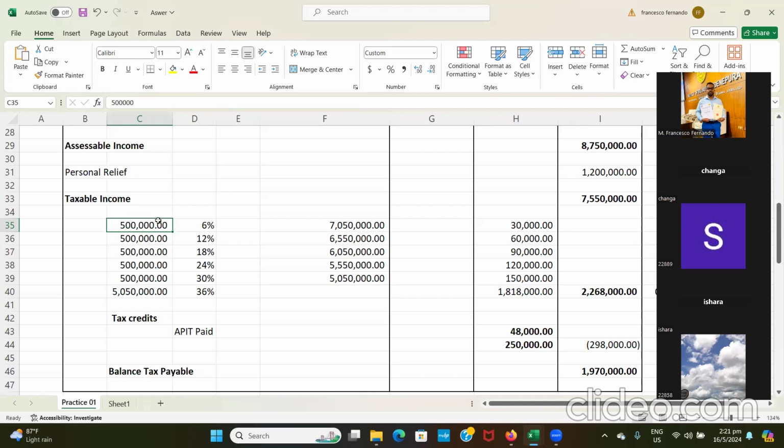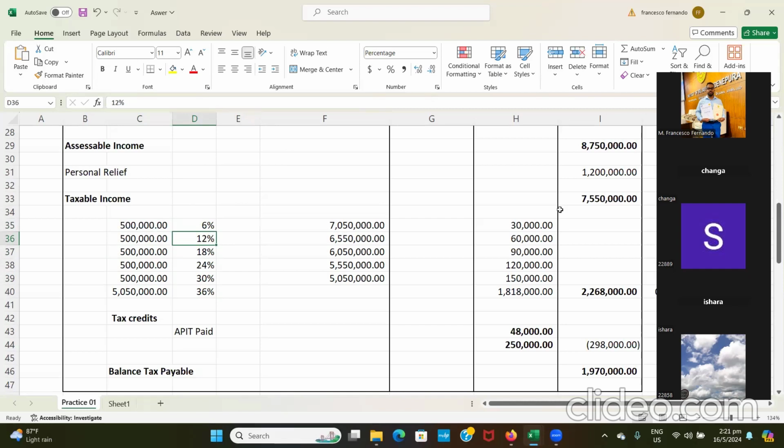First of all, you must put the slab of 500,000. It's easy to remember: 500,000, 5 slabs. And the rates are 6, 12, 18, 24, 30, 36. So the first 500,000 at 6%, the second 500,000 at 12%, likewise 18, 24, 30, 36.